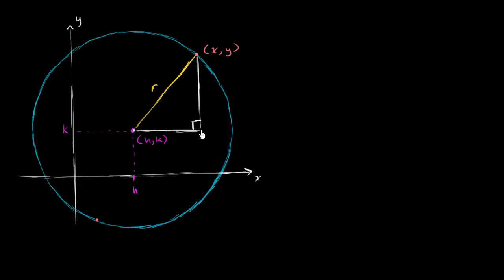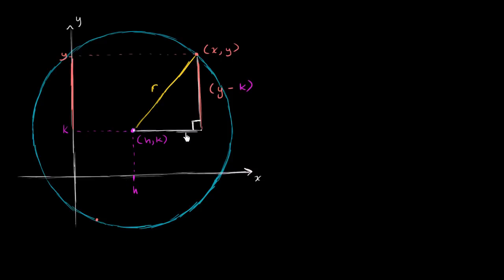Well, we know this point right over here has a y-coordinate of k. This point over here, we could just say has a y-coordinate of y. So this distance right over here is going to be the same exact thing as this distance right over here. So it's going to be y minus k.